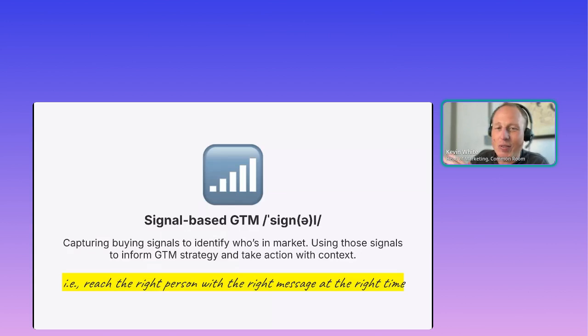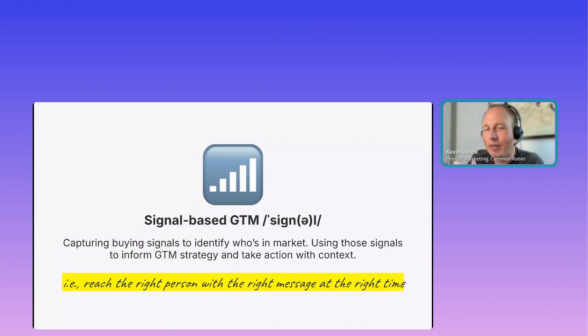I want to set the stage: what is signal-based go-to-market or signal-based selling? I like to think of it as capturing buying signals to identify who, and that's important, what account, what person is in market, and then using those signals to inform your go-to-market strategy and take action with context of the signal.